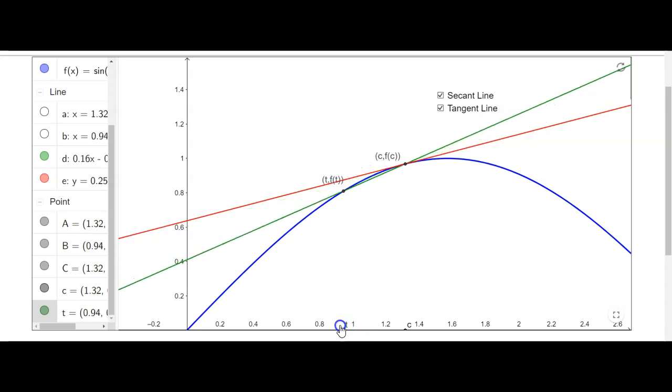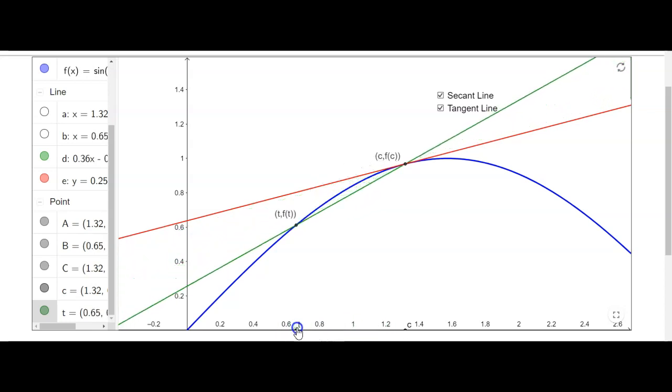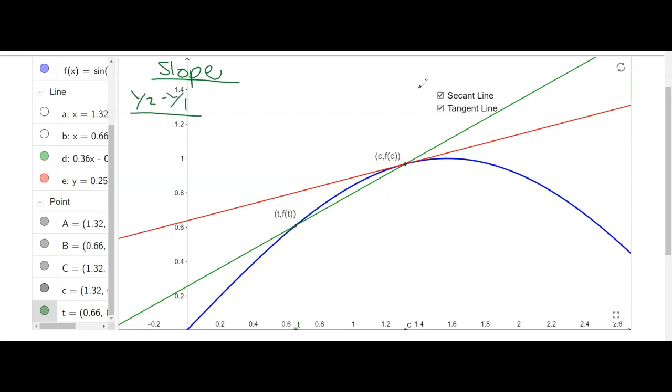Now, let's quickly look at what the formula for slope would be again. But this time I'm going to use my secant line. So slope for my secant line, y2 minus y1 divided by x2 minus x1.